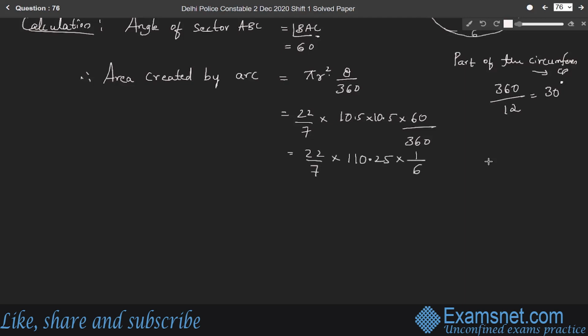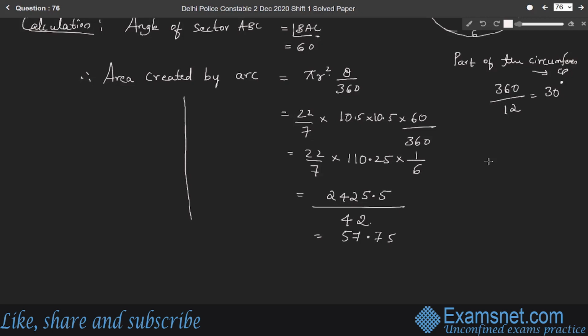Yes. So 110.25 into 22 is 2425.5, divided by 42. Right? So 2425.5 divided by 42 gives 57.75.